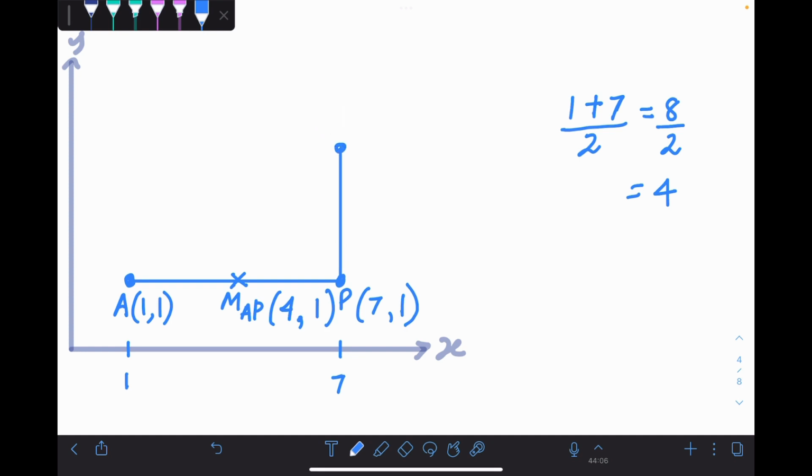I'm going to call this point B. Just as we did earlier, because we went from here to here and our y value stayed the same. Here we're going directly up, so there's no run, is there?